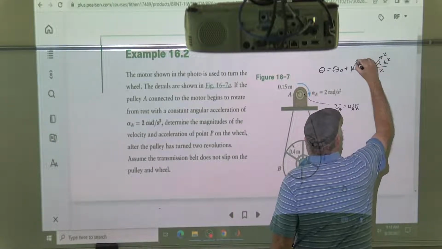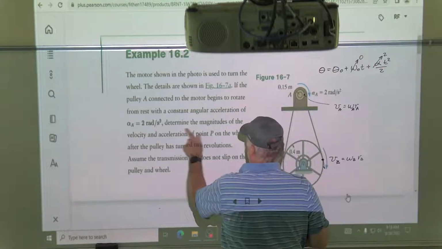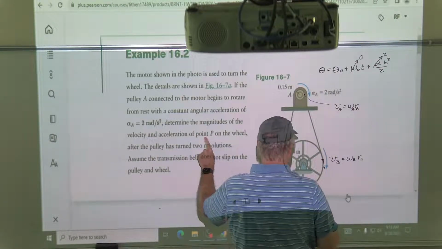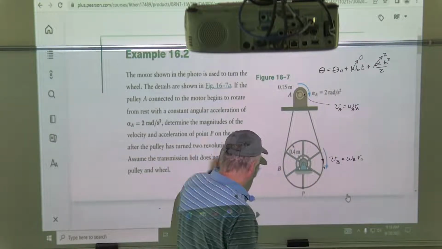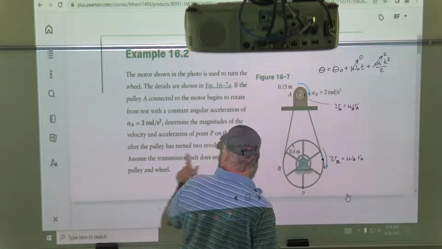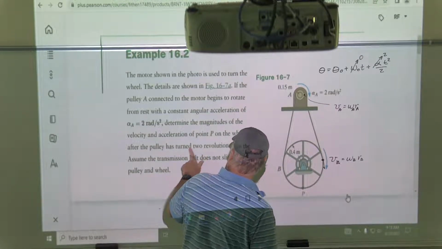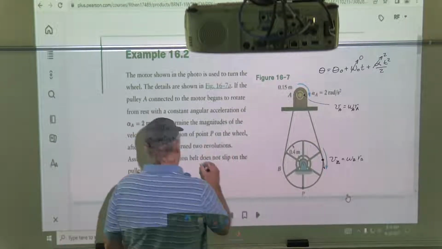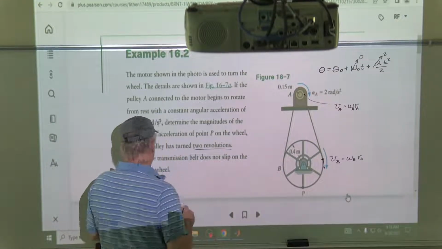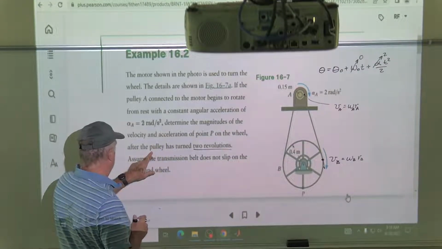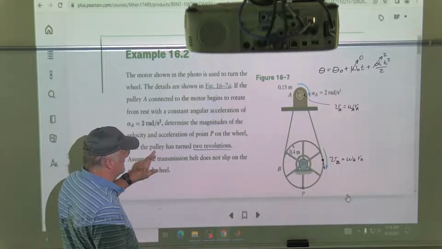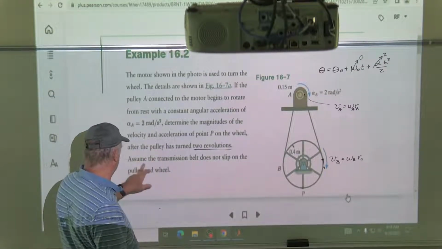Starts from rest. Okay. Determine the magnitude of the velocity and acceleration of a point P. Where is P? Oh, right in here, on the wheel, after the pulley has turned 2 revolutions. Okay, which pulley? After the pulley. Which one of these is the pulley?